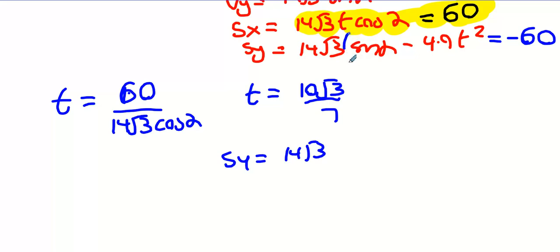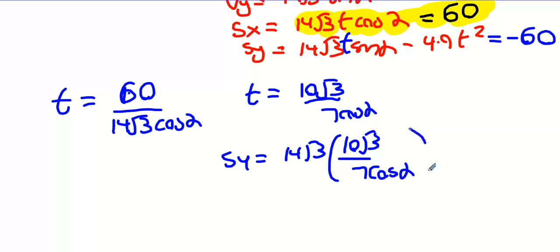Oh, I forgot the t there, didn't I? So 14 root 3 multiplied by 10 root 3 all over 7 cos alpha, sine alpha, minus 4.9, and then we're going to do t squared.